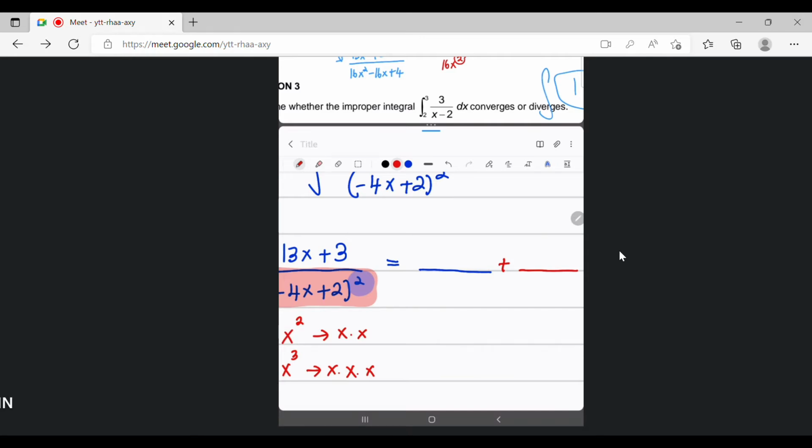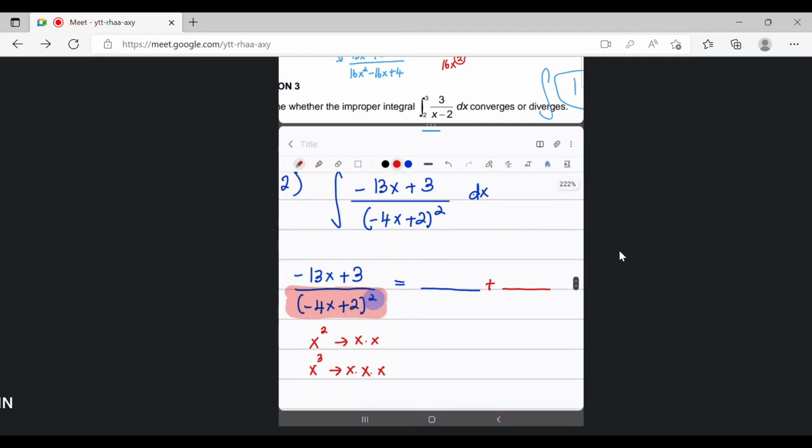So maksudnya dia akan ada 2 bracket. Okay. So, fraction number 1, kita akan salin dia punya function. Negative 4x plus 2 without the power. Kita tadi nak square kan? So memula power of 1, okay, yang kedua baru power of 2.